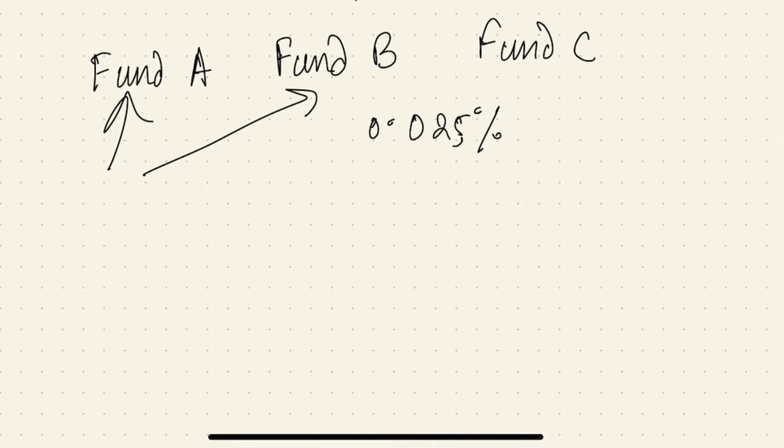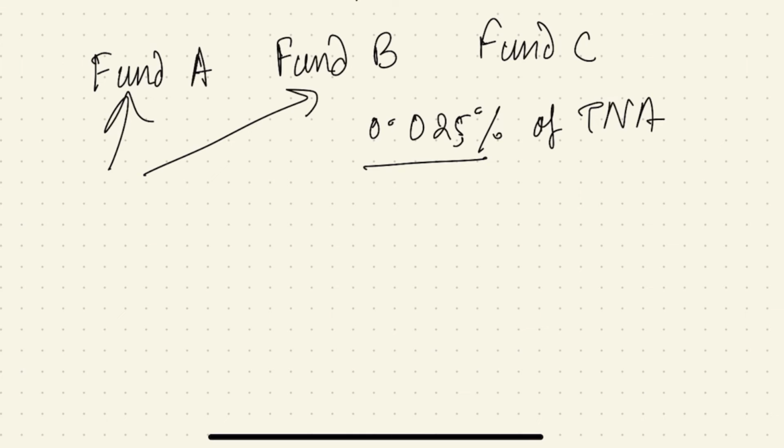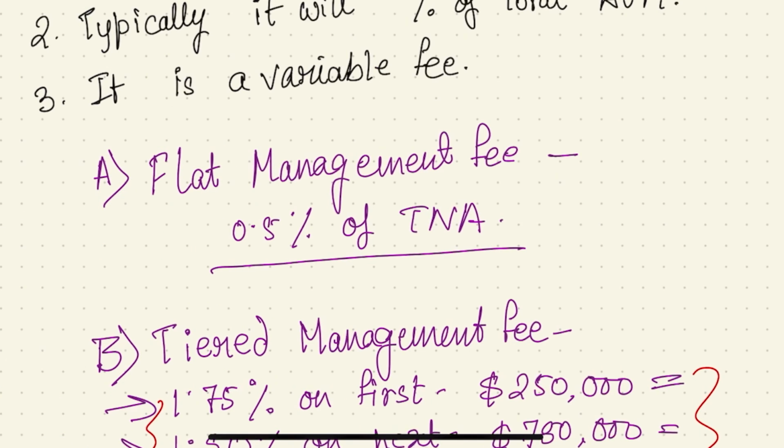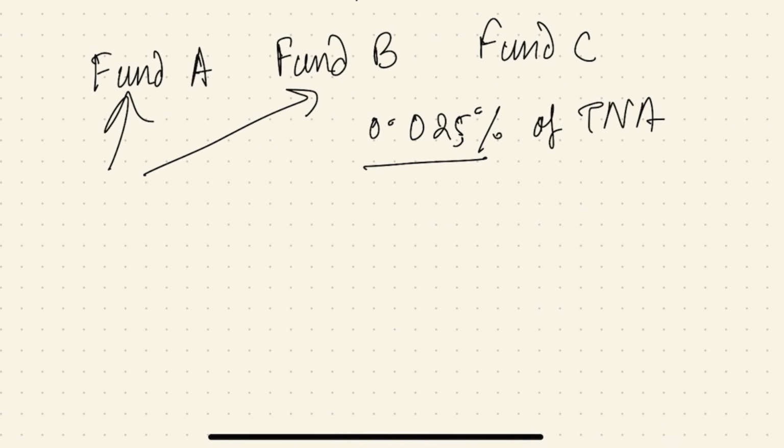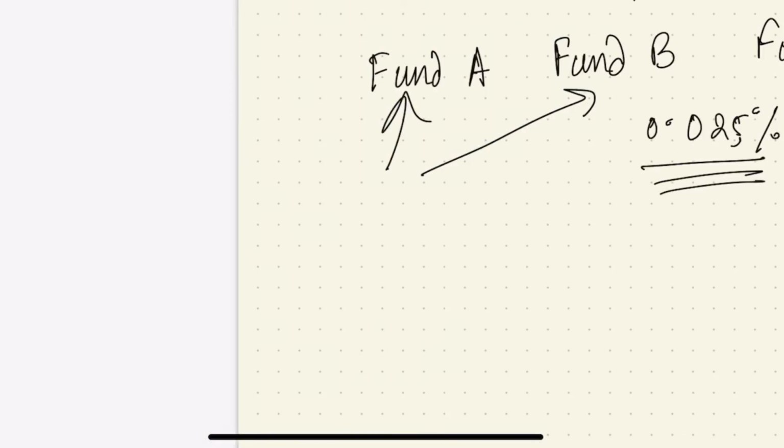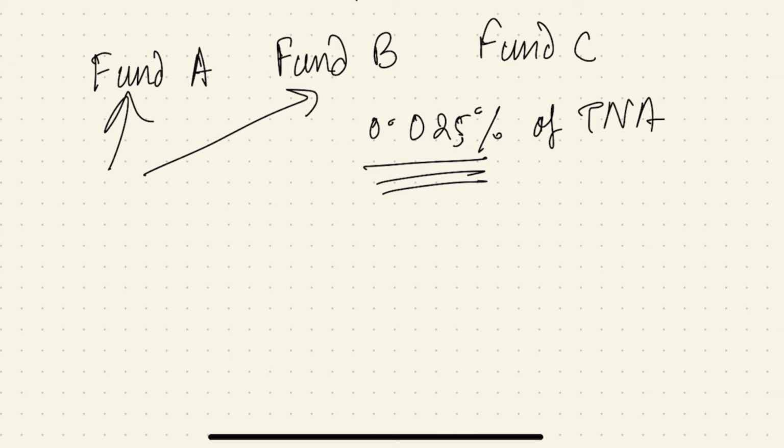So let's say I decide, okay, I will invest in fund B. So on fund B, I will get a discount of 0.025 percentage of total AUM, total net asset. So if the manager is charging me this much, 0.25% of the total net asset, it will give me a rebate of this. Why do I have to calculate these two separately? I can straight away do 0.5 minus 0.025, and then I will get an amount and directly I can charge management fee, right?